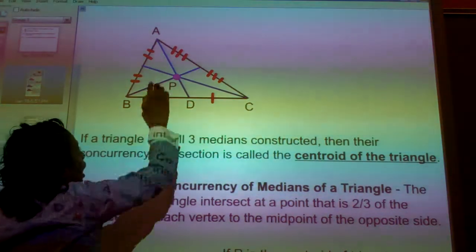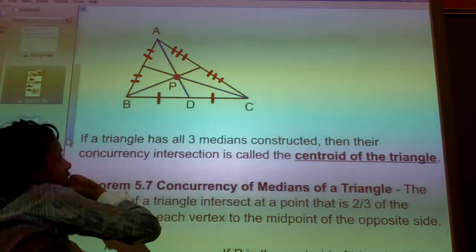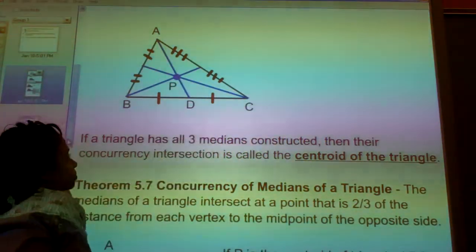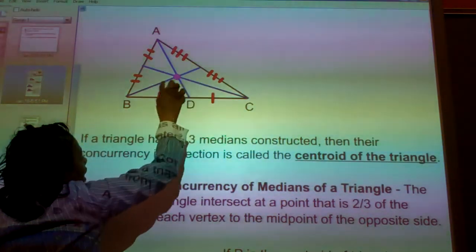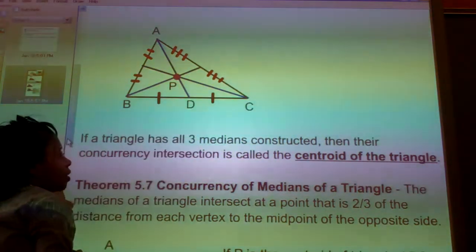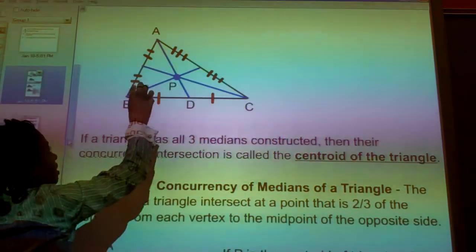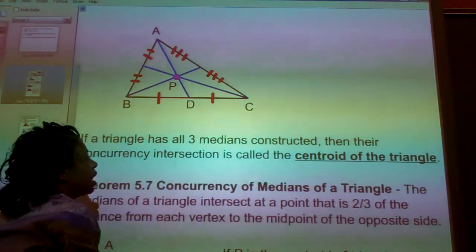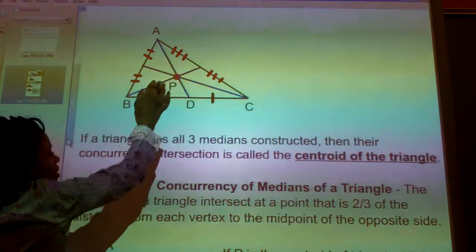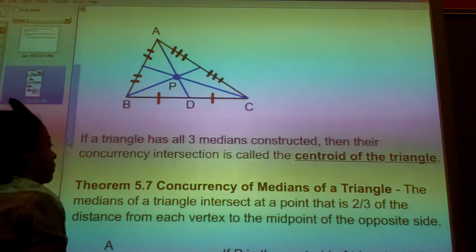And finally, AC, which I drew in the previous example, is being bisected right here, and the opposite angle is B. And there it is. When all three of the medians are drawn, I have a centroid of the triangle. The concurrent point is the centroid of the triangle, point P.